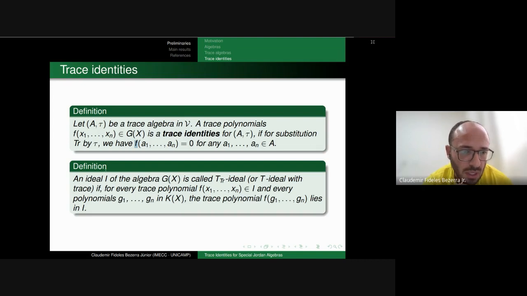An ideal in this algebra is called a TR ideal, or T-ideal with trace, if for every trace polynomial in this ideal, in every polynomial in the free algebra, the trace polynomial defined by this lives in ideal A.